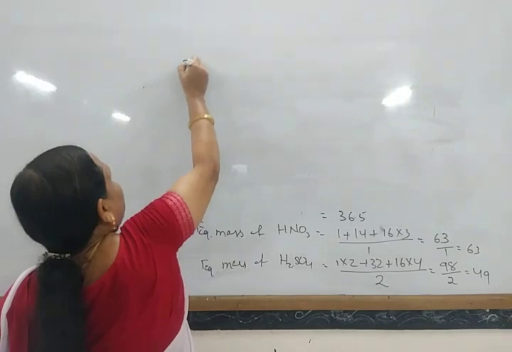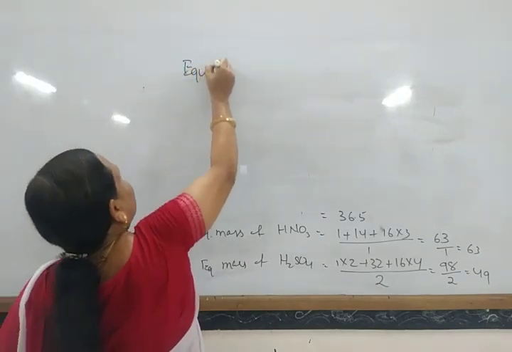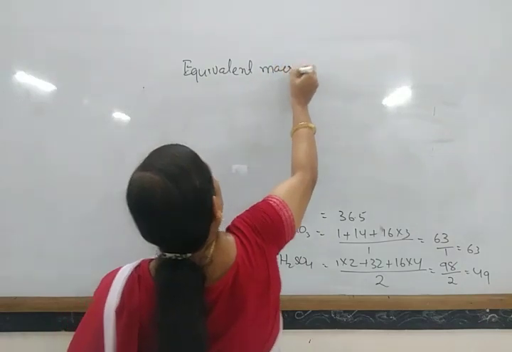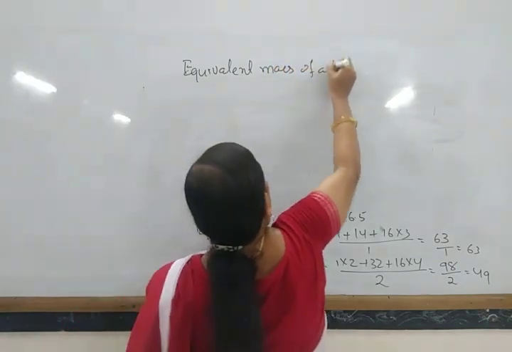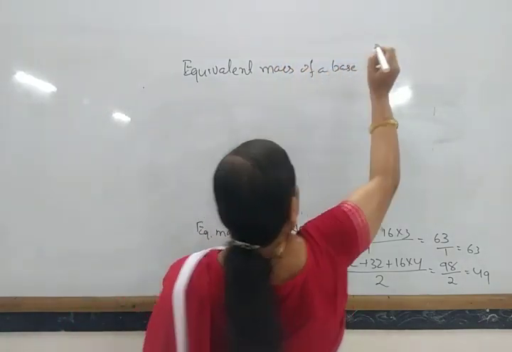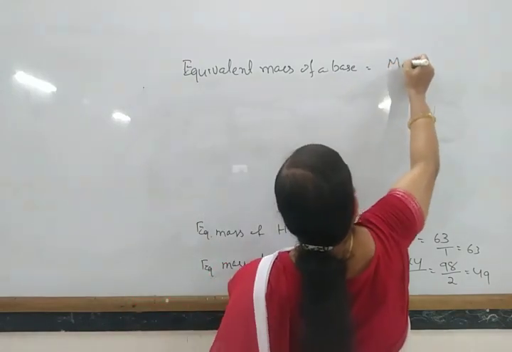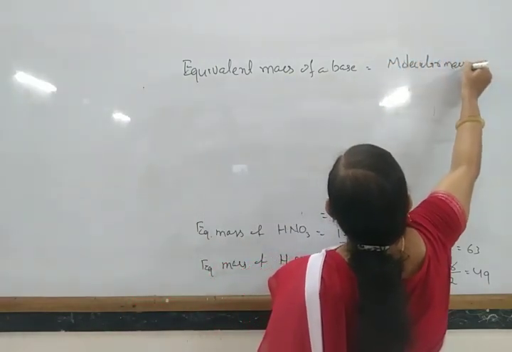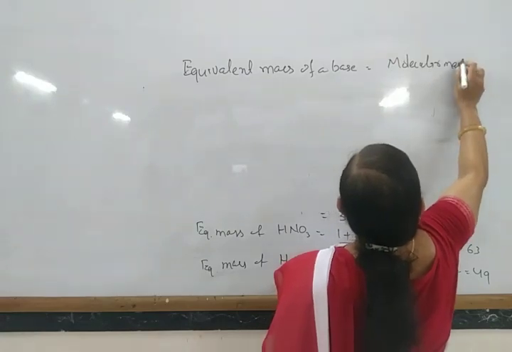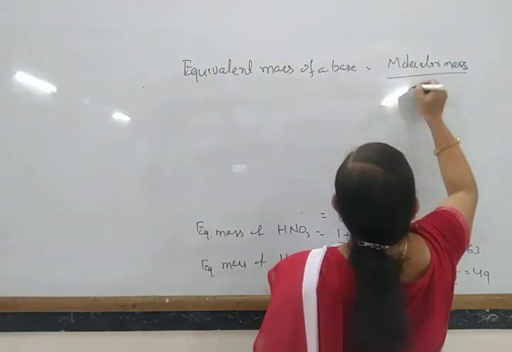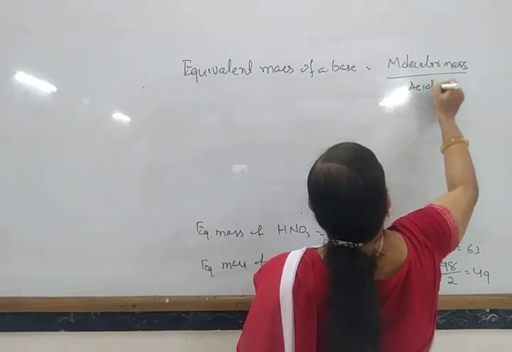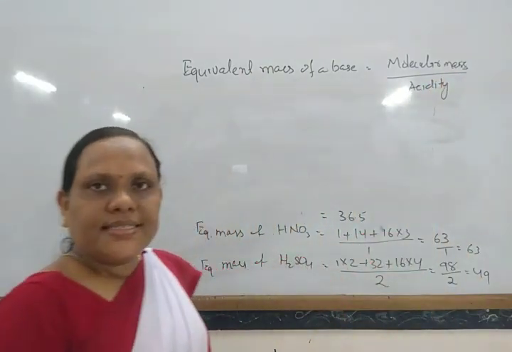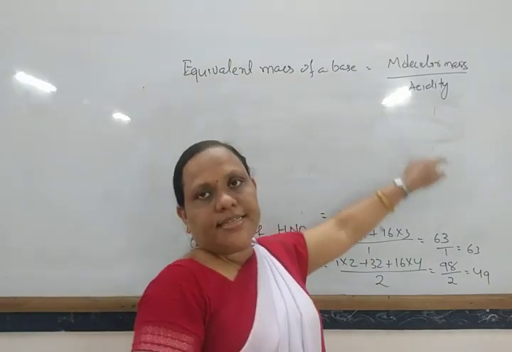Equivalent mass of a base is equal to molecular mass divided by its acidity. For acid, basicity; for base, acidity.